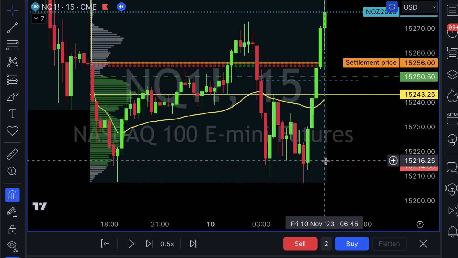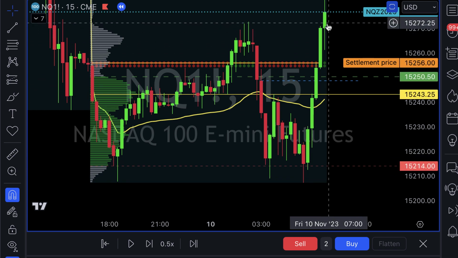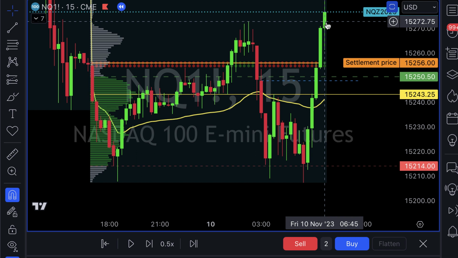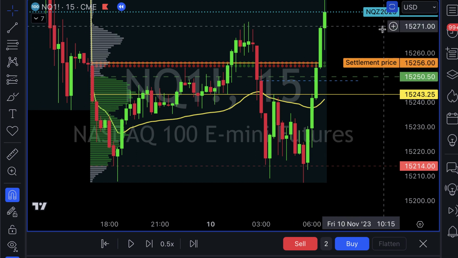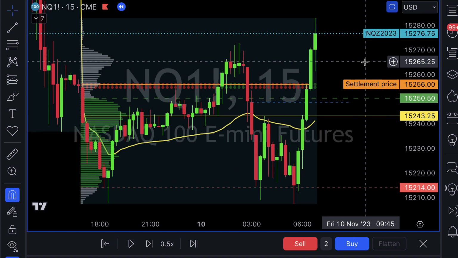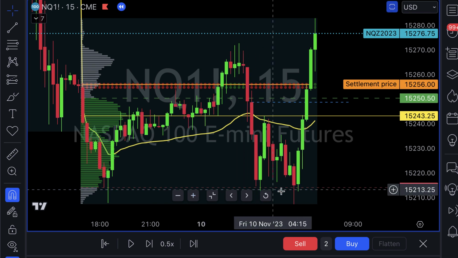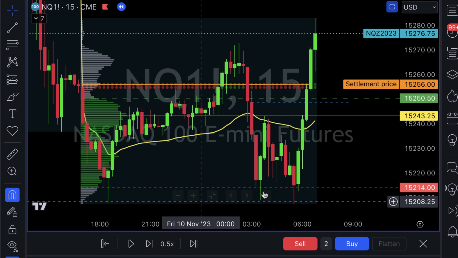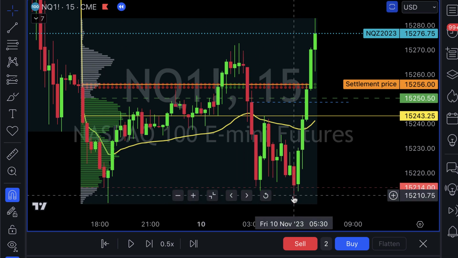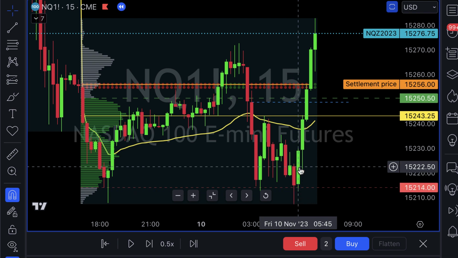Now, there's more pieces to this, but that's the base of the whole theory. So I'm looking at this Friday morning. The market has not technically opened yet, the regular trading hour is at 8:30 Central Time. So I'm looking to see what my expectation for the day is. Well, in this case, since the overnight session has traded and the low was taken out, then there's a 70% chance that the day is going to be a strong up day, or at least I'm going to be looking for longs.